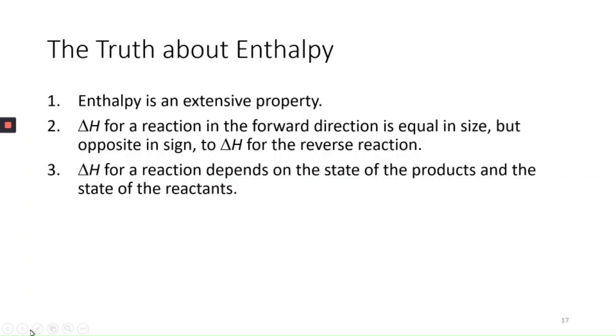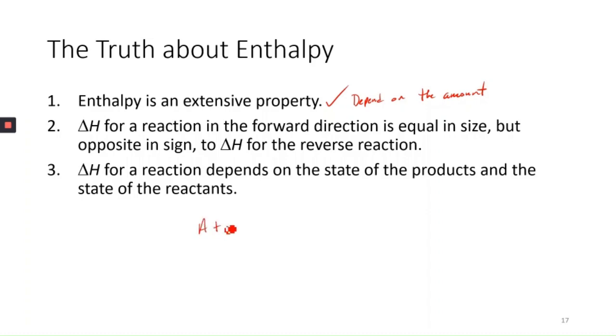So the truth about enthalpy. Enthalpy is an extensive property. And if you remember, extensive properties depend on the amount. So the amount of energy you're going to get out of a system depends on how much you start with and how much you end with, the amount of stuff you are reacting. So delta H for the reaction in the forward direction is equal in size but opposite in sign for delta H in the reverse.